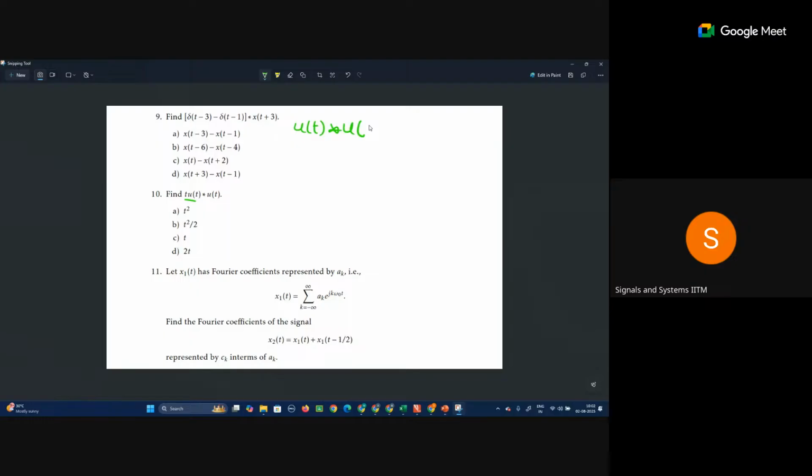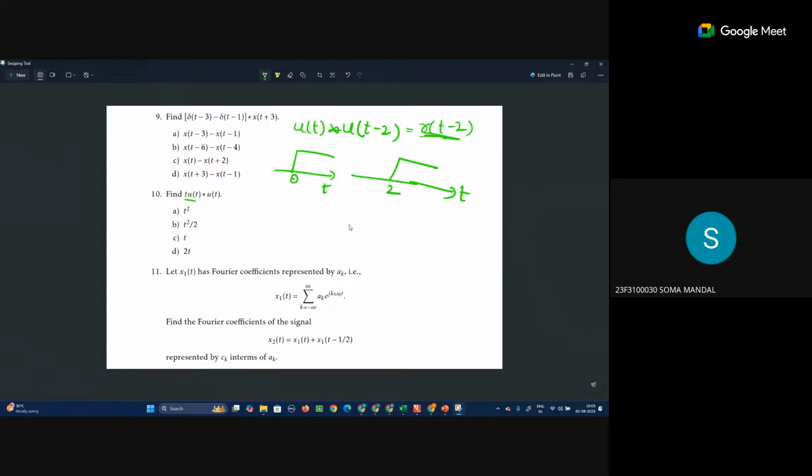So u of t will be like this, and u of t minus 2 will be in this way. What we will be expecting as a result is r of t minus 2, since u of t convolved with u of t is r of t, and by the shifting property we are supposed to get r of t minus 2. Am I right? Yes, ma'am.